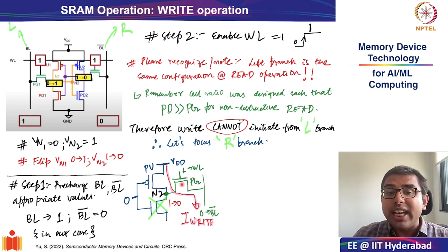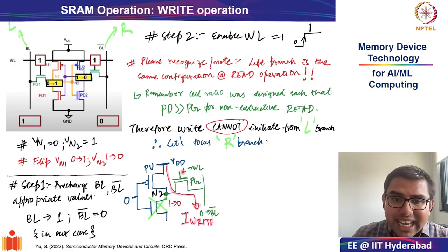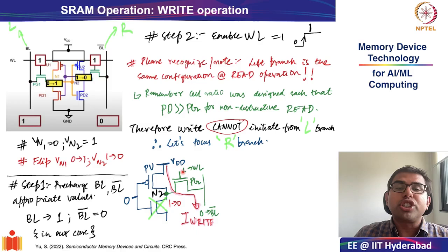What will be VGS? VG will be the voltage on the word line, and VS will be the voltage on the bit line bar. This VGS will be equal to VDD, and this is much greater than VTH. So the pass gate transistor will turn on.